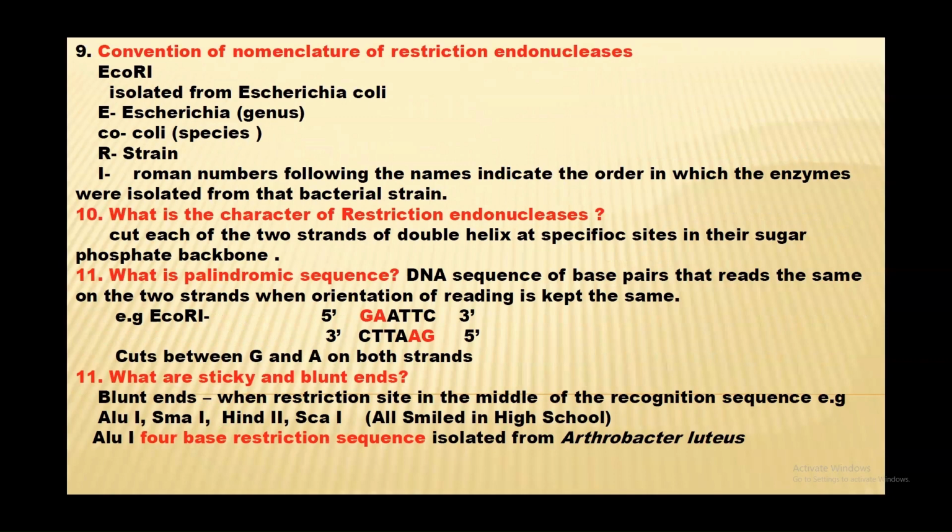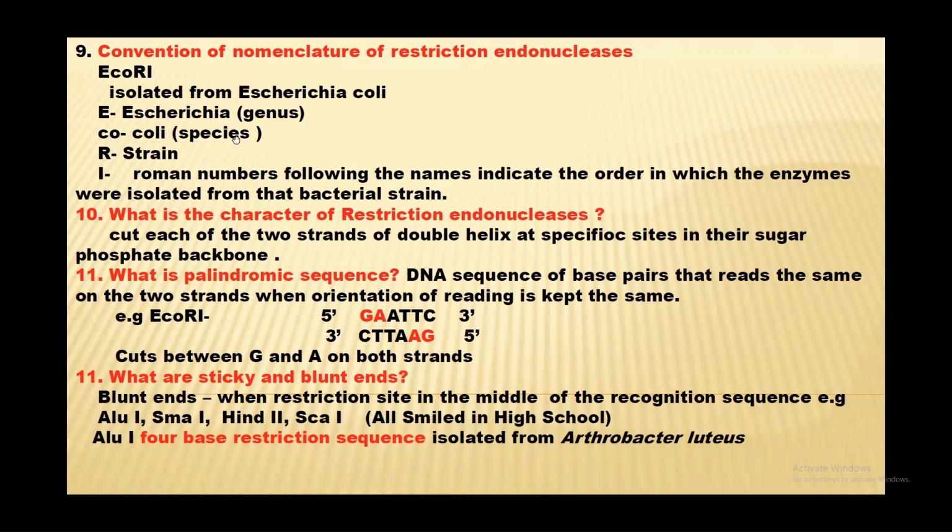See the next point. Convention of nomenclature of restriction endonucleases. Here one name is given: E. coli bacteria represented as EcoRI. That is Escherichia coli restriction enzyme, isolated from Escherichia coli. E denotes Escherichia, the genus name.